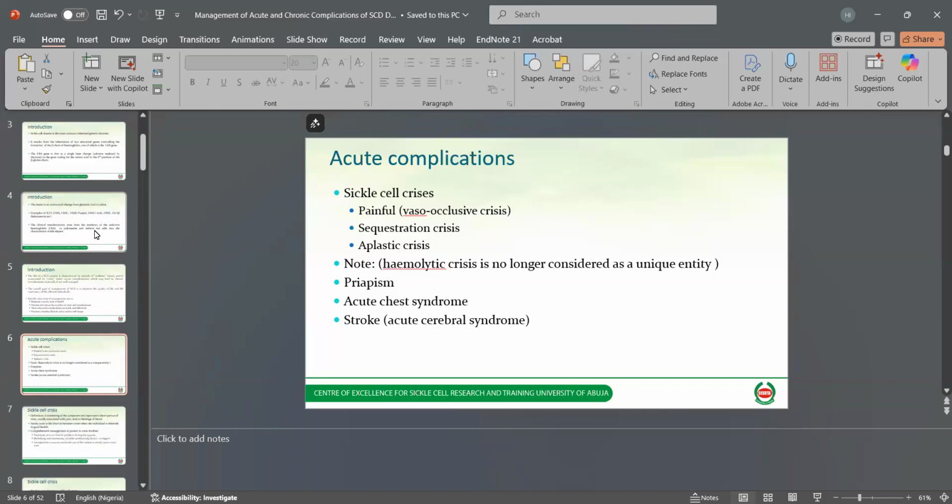So we'll be taking the acute complications. There are three basic types, or most common types, known as the sickle cell crisis.